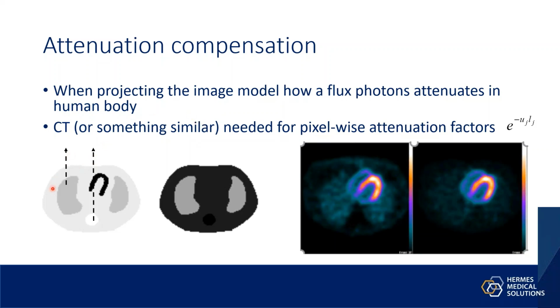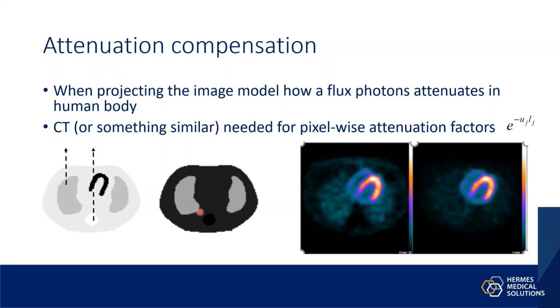So if we take a look at this image in here, we have our activity distribution here, and then we have our attenuation distribution here. Now if we make projections of this, we assume that the detector plane is on top of the patient in here. So instead of just summing the values along these projection rays, we are calculating how much the photons attenuate when they propagate through the body.